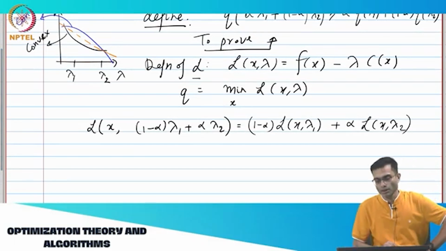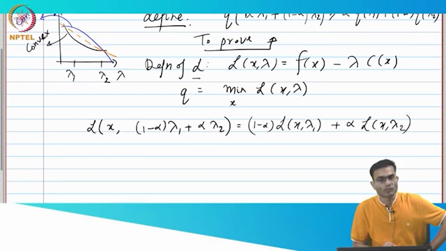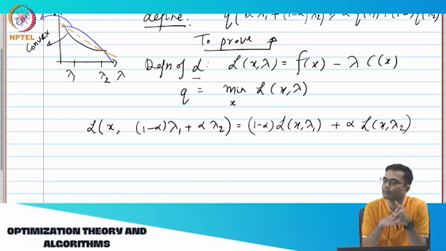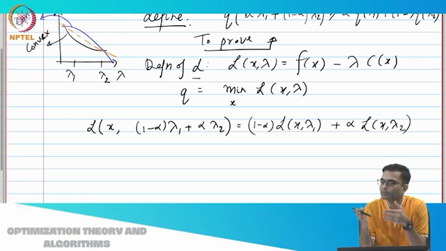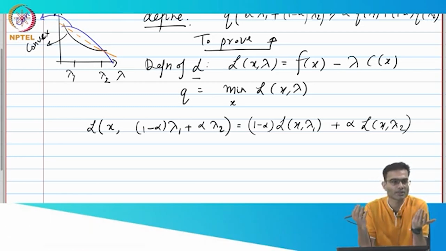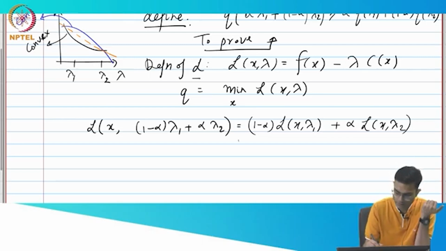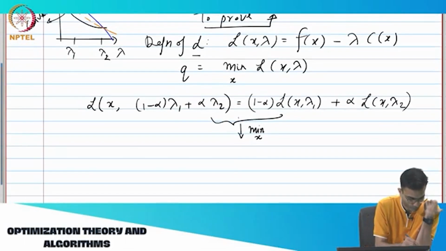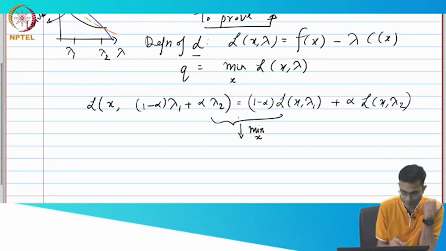Very good. So this is true. Now to reach the Lagrangian dual from here, what operation do I apply on both sides? I heard the correct answer. What is it? I have to minimize both sides with respect to x. That will give me the Lagrangian dual, right? So if I take this equation and do a minimize with respect to x, so what will become the left hand side?